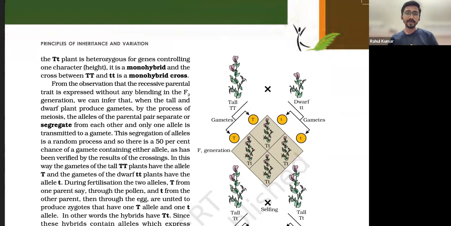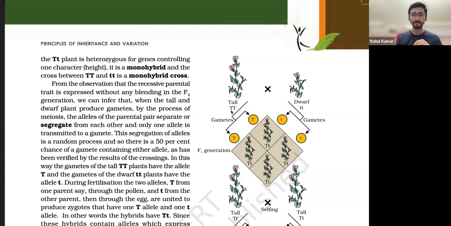But how did Mendel know that this is a homozygous tall and not a heterozygous tall with which he is starting the whole thing? If it was capital T small t, that will also look tall only, right? All Mendel could see was the height of the plant. Mendel did not know anything about genes at all.